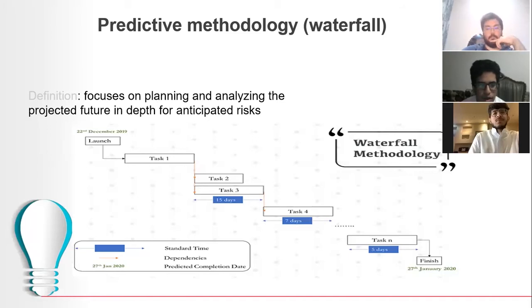Generally speaking, the classic predictive approach is good when there is a clear and definite picture of the project scope. It is not overly complex, and there aren't too many stakeholders involved, and any that are should know what they are in for.